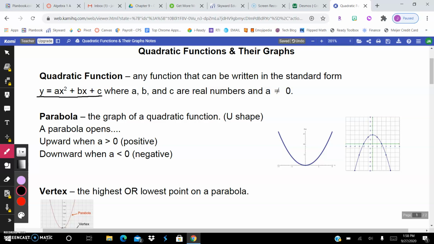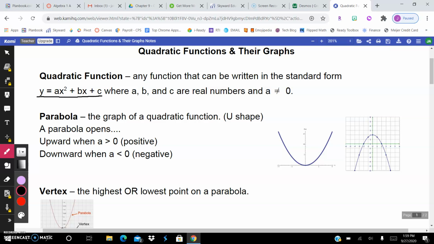So a parabola is the graph of the quadratic function. It forms a U shape. And I put a couple of examples over here on the right-hand side of parabolas. And a parabola can do one of two things. For Algebra 1 here, it can open up or it can open down. So when it opens up, that means the a value is a positive number.